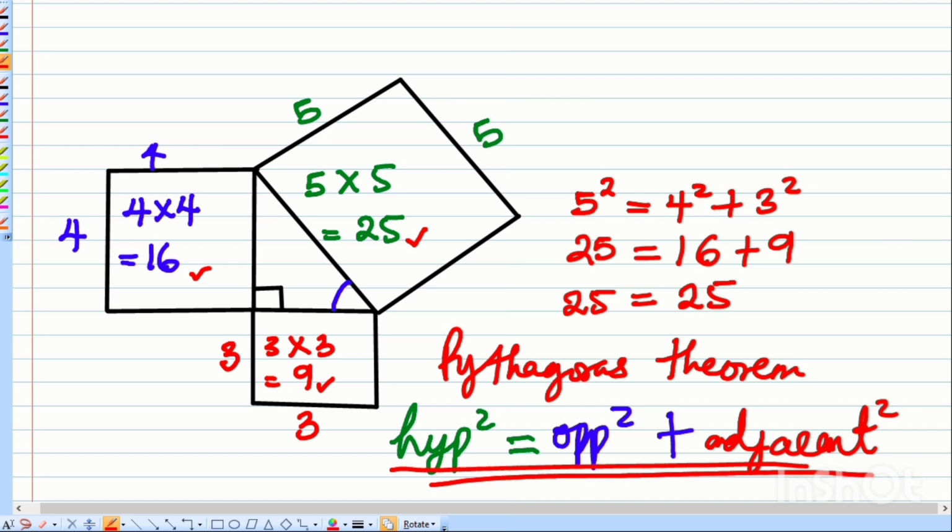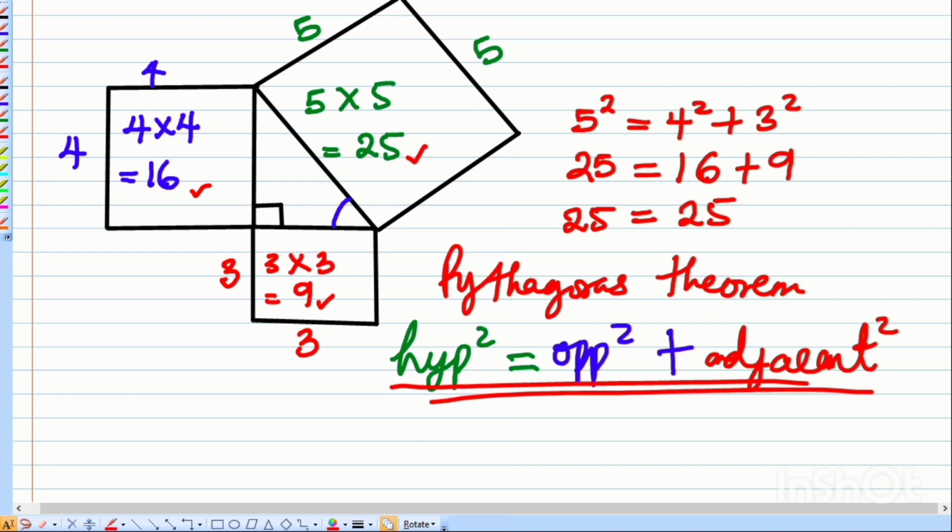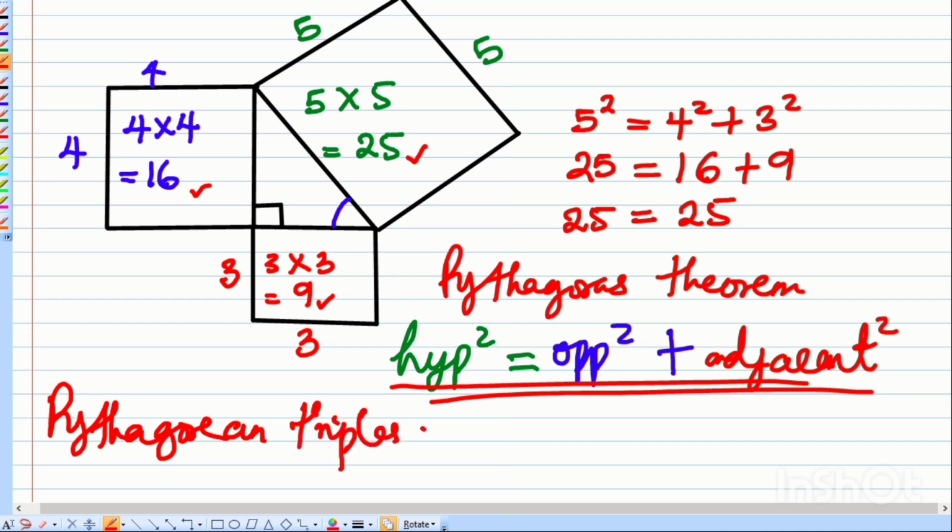Now, if you've understood this, there's something we call the Pythagorean triples. What are the Pythagorean triples? The Pythagorean triples are just sets of numbers that obey the Pythagoras theorem. So in this case, this is our example. We have 5 units on the hypotenuse side, 4 units on the opposite side, and 3 units on the adjacent side.